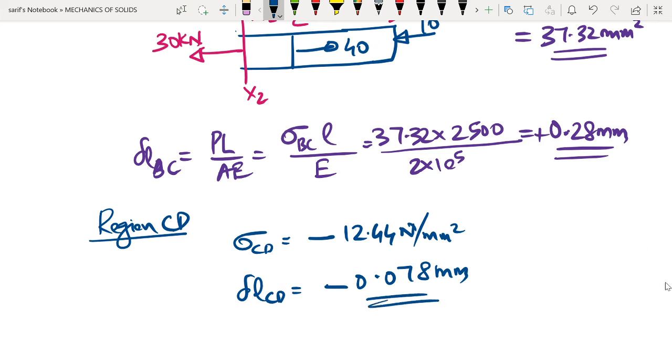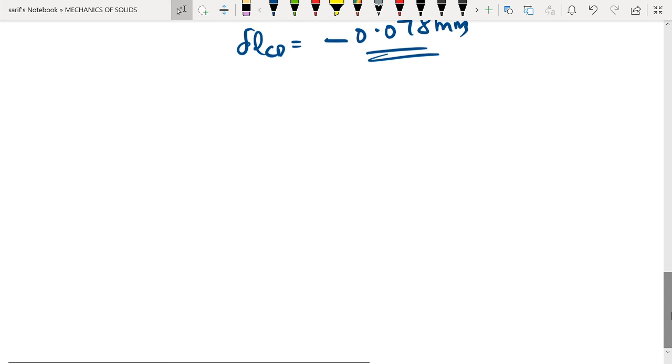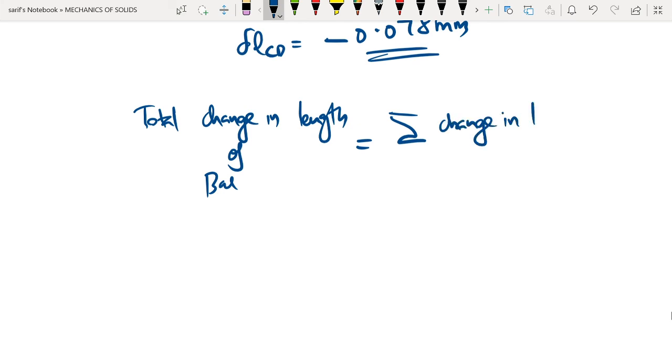Now once you have the value of the elongation, or the change in length, of the different regions, the total change in length of the bar is equal to the sum of the change in length of the different segments.